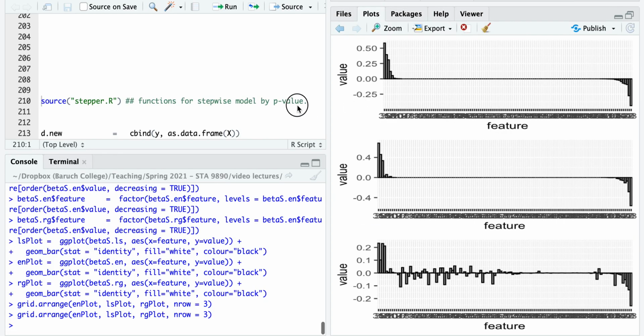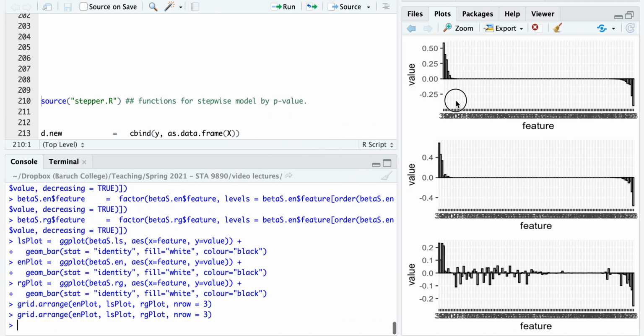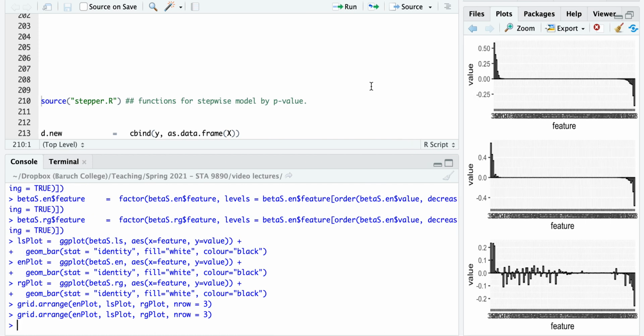Okay, so here we have these, and what I want to do is plot this in a standardized scale.